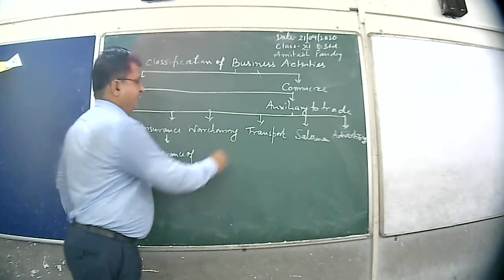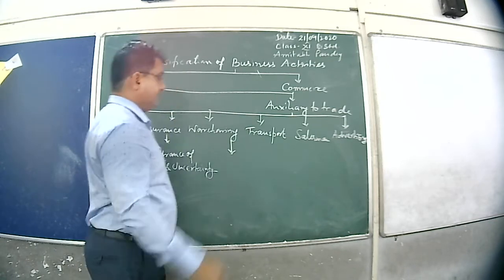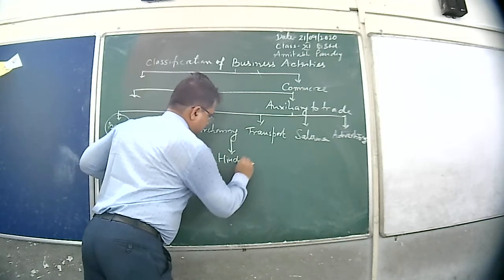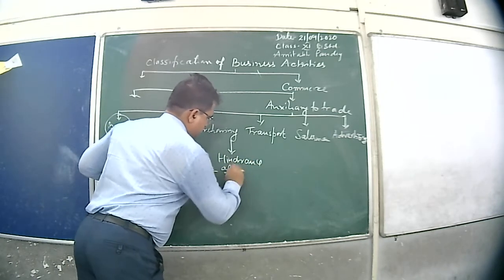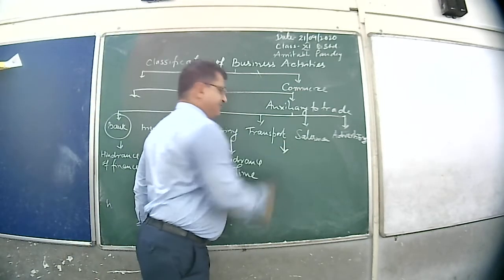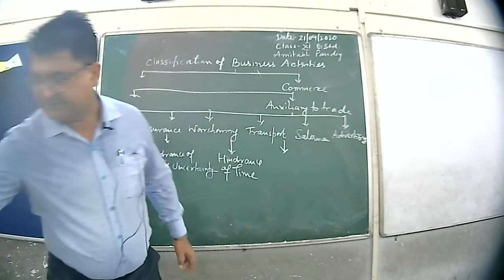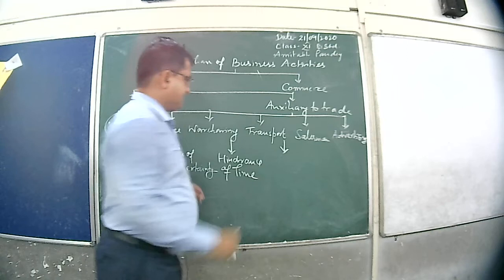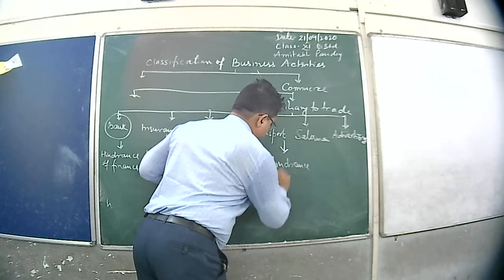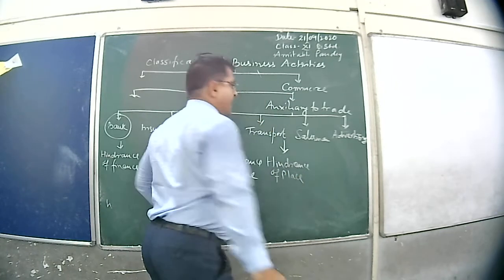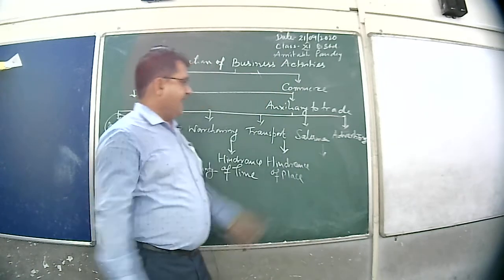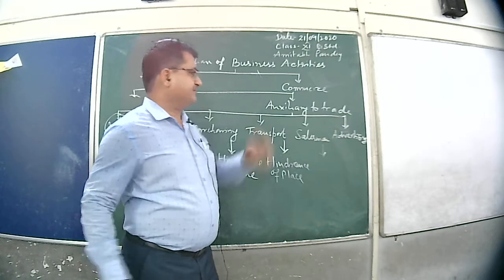Similarly, you have warehousing, which after storing goods with itself tends to remove the hindrance of time, and transport, after delivering goods to the place of consumption, removes the hindrance of place. And as for salesman, the hindrance of direct contact actually gets removed by the salesman.